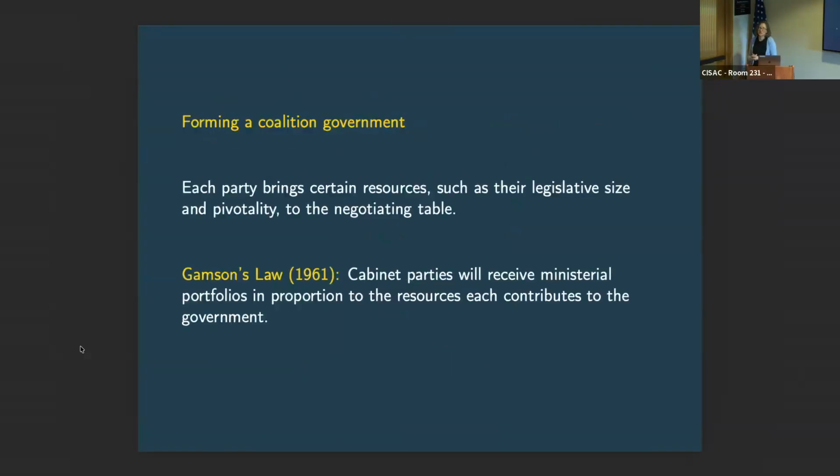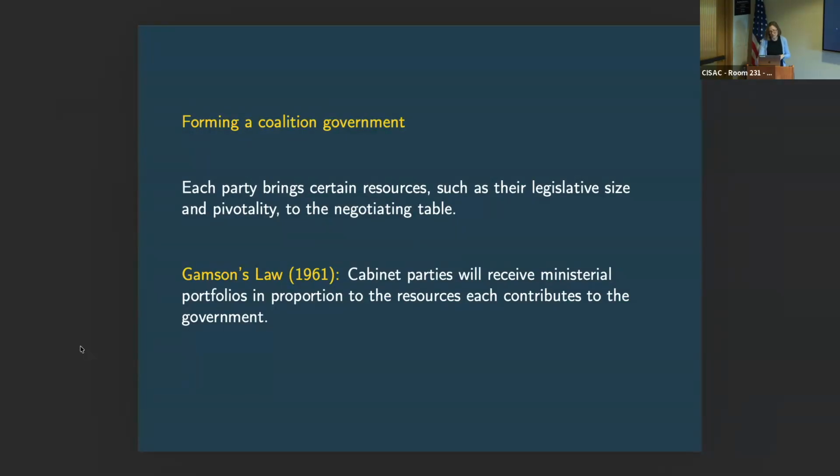If you think about forming a coalition government, each party brings some resources to the table. This can be their legislative seat share. It could be their pivotality. William Gamson, back in 1961, proposed that cabinet parties are going to get ministerial portfolios in proportion to the resources that they contribute to the government.